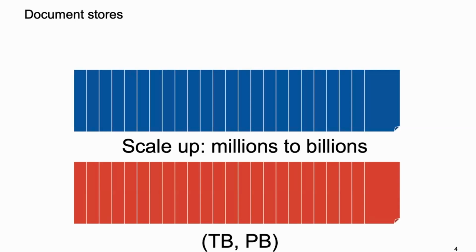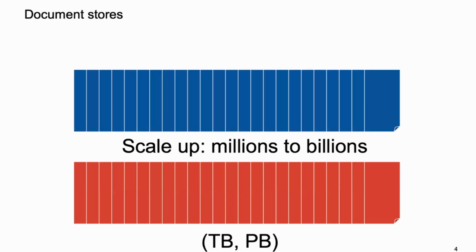So the idea is that in a document store, you can have collections that have enormous numbers of documents. You can have millions of documents, billions of documents, perhaps even trillions of documents. Just to give you an impression, millions of documents, that's actually not very impressive in big data. Millions of documents actually fit on a machine.